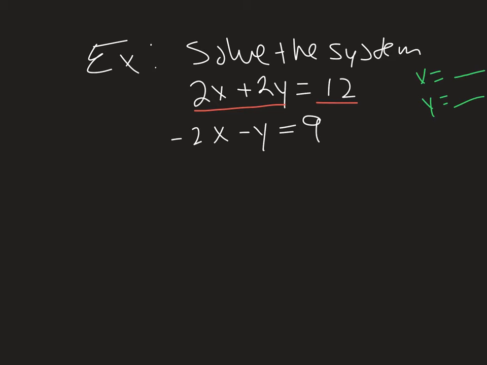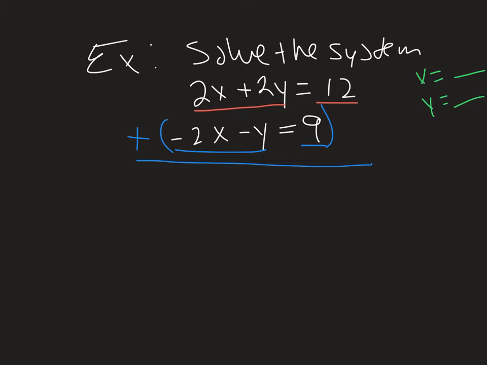So the idea with elimination, and this example is a simpler one to iterate the point, is that I can add the two expressions on the left and the two numbers on the right, because then I'm technically adding the same thing to both sides of the equation. They're both equal to 9 if I consider the blue equation adding it to the red. Both of these two expressions here are equal to 9. Both the red expressions are equal to 12. I'm essentially adding 9 or 12 to both sides of an equation, depending on how you're looking at it.